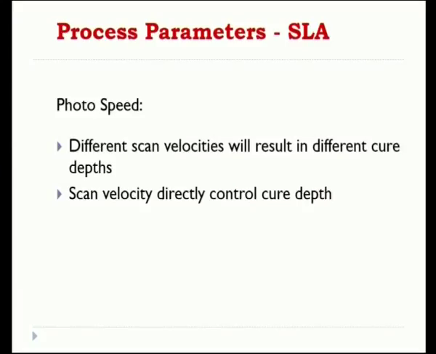Even if there is some problem with the material, there may be some difference, but considering the material is uniform throughout and the process takes place at a constant velocity, there won't be much difference in the curing depth. So we need to take care that the velocity remains constant for the entire process.